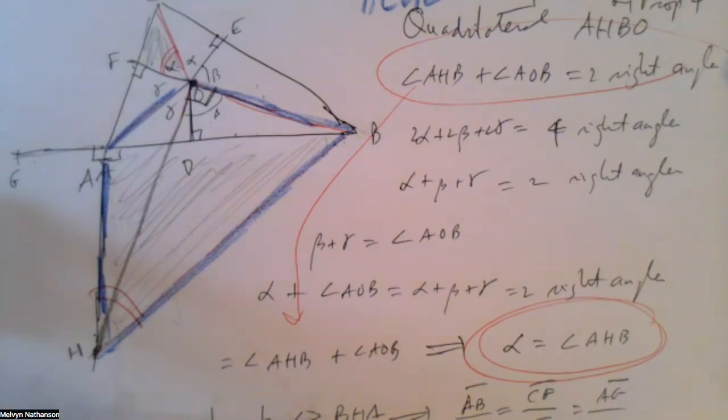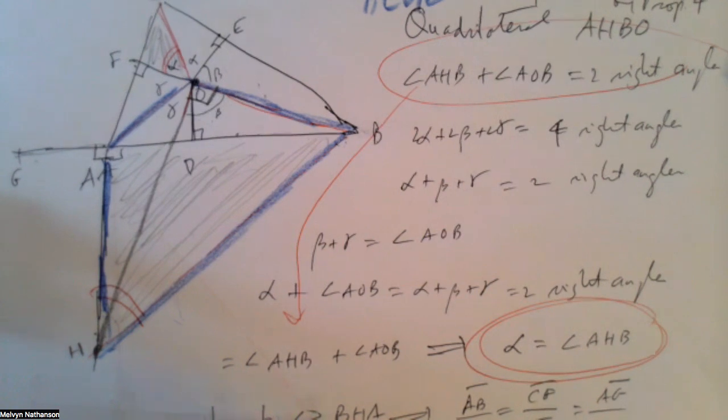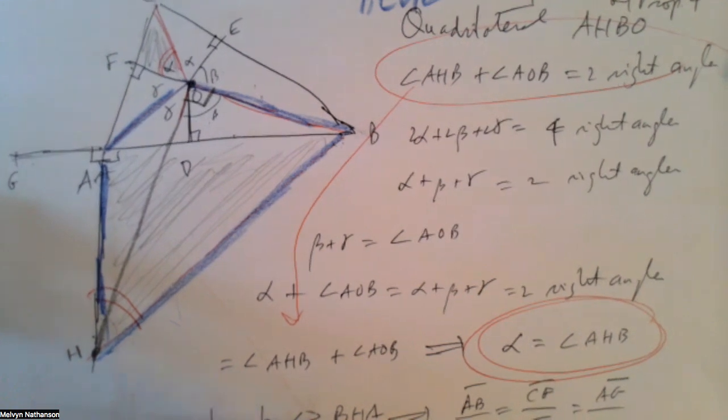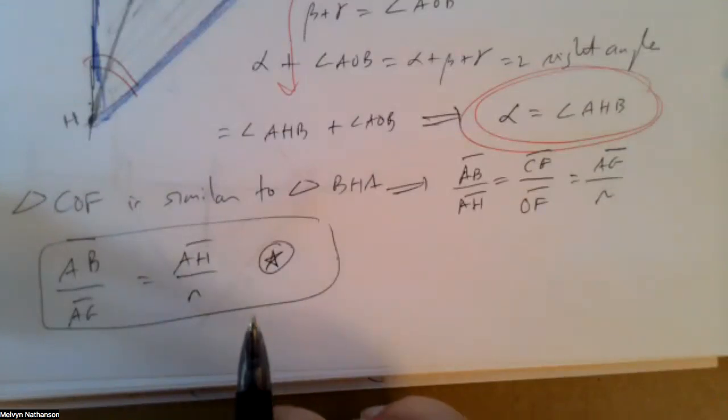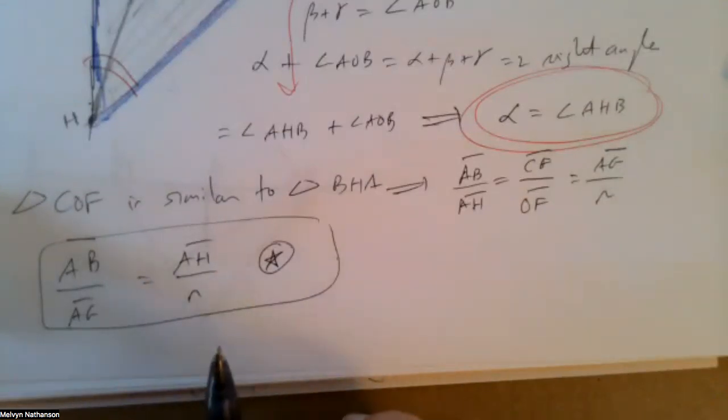So another way of saying that is that the ratio of the length of AB to the length of AG is the same as the ratio of the length of AH to R. So this gets a star because we're going to come back to it.